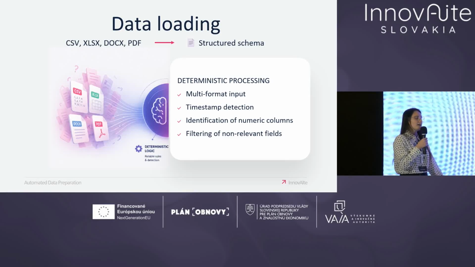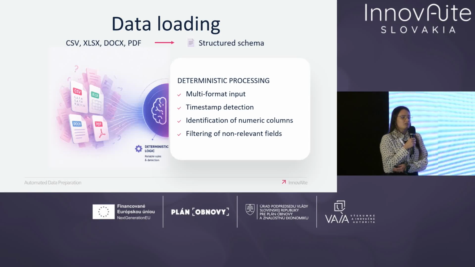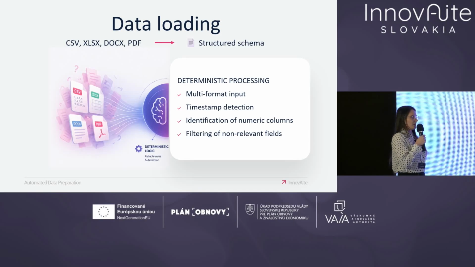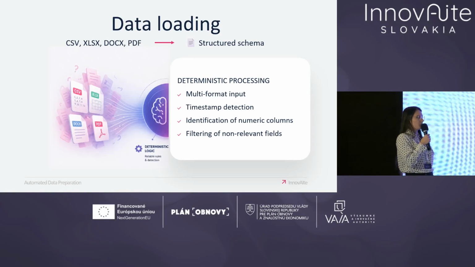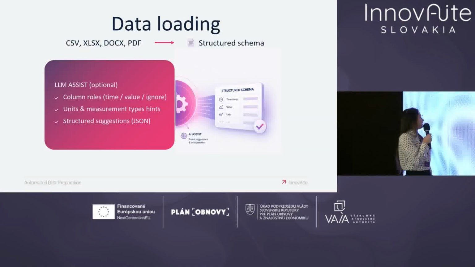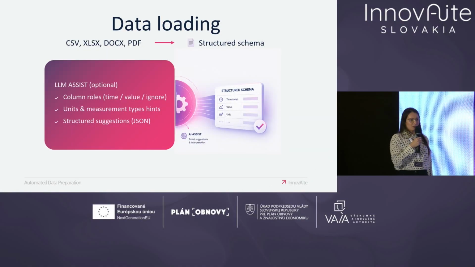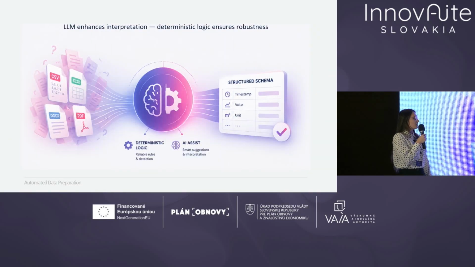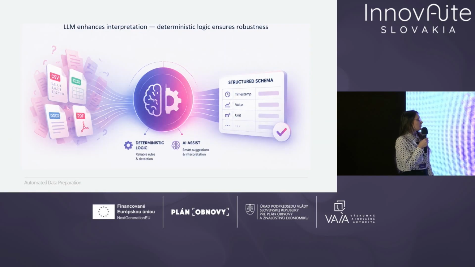So we can have Excel, CSV, PDF, and doc documents, with a timestamp. Timestamp is very important, and we match it with our measured information. So we also have a large language model which helps us identify the roles, the columns, and the units.